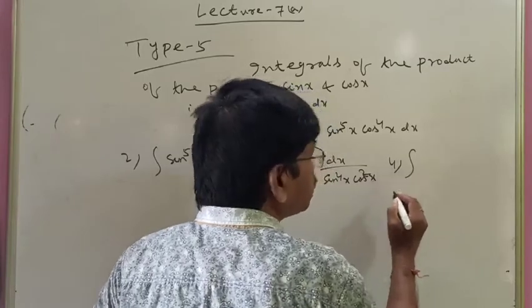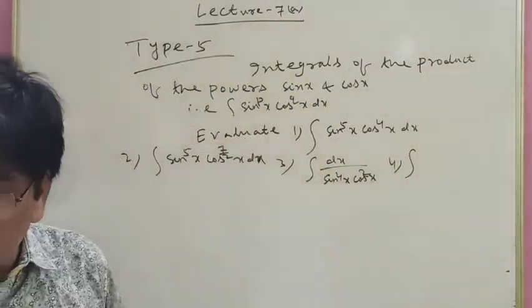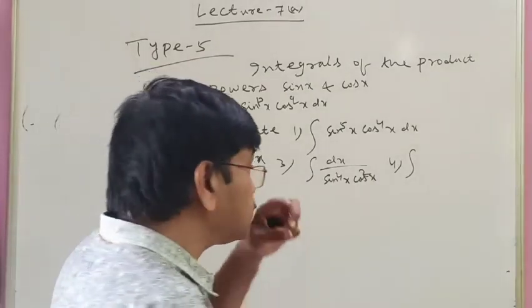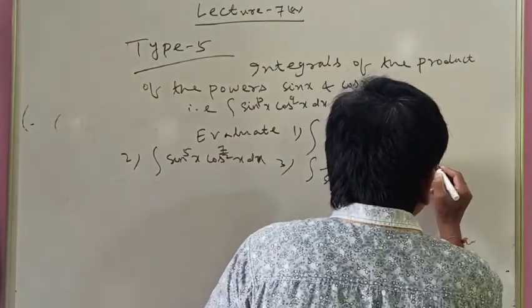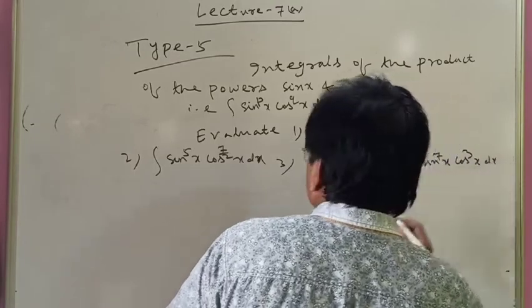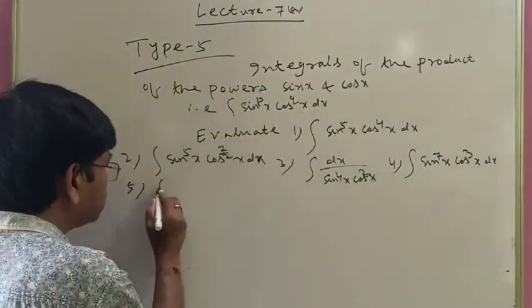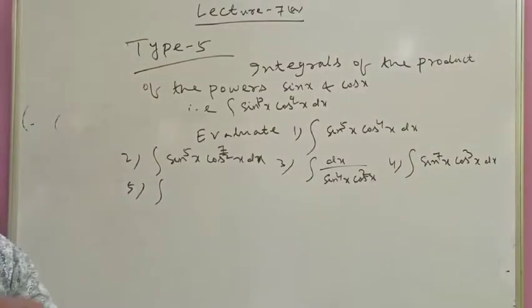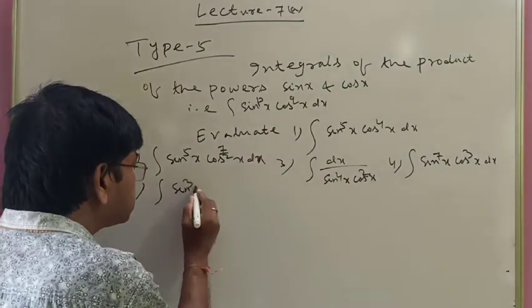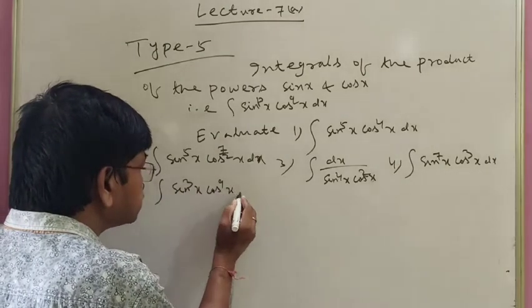Then question number 4: the integration of sin to the power 7x into cos x. Then question number 5: integration of sin cubed x into cos to the power 9x.